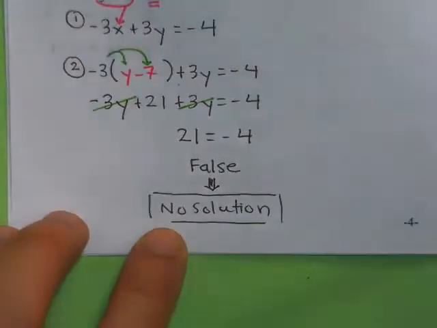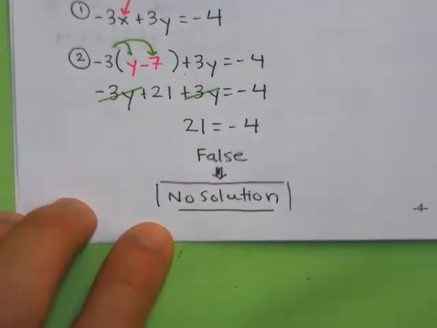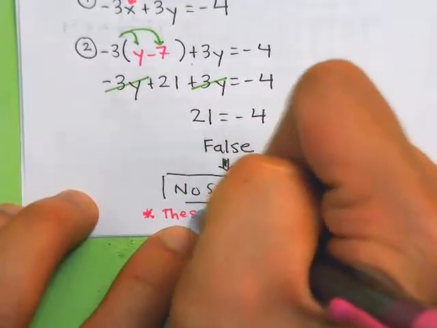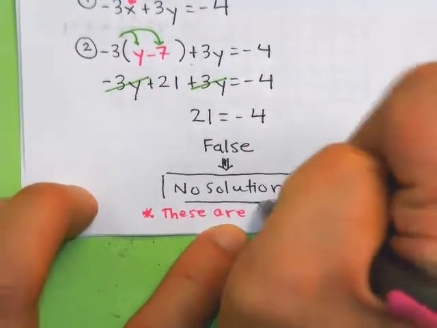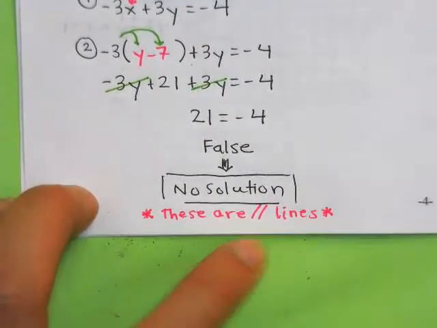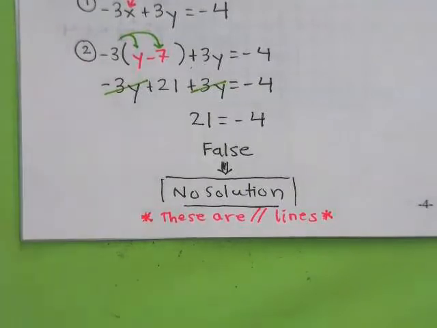Okay, I'm ready. When we go back to notes, can you please put over here, side note, these are parallel lines. I'm not going to ask you to graph it, but let's just put a side note, these are parallel lines.